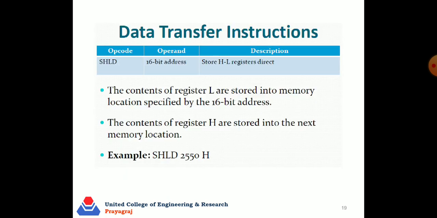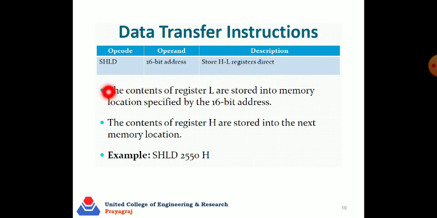Just as LHLD is used to load data from a memory location, similarly SHLD stores the data into the memory location. SHLD is the opcode and the operand is a 16-bit address, and the description is store HL register directly.